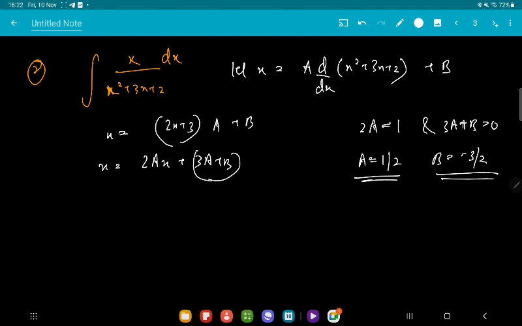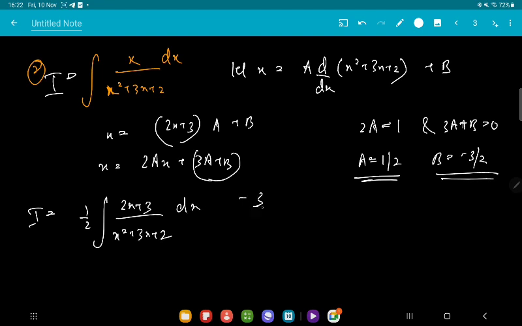So how will you solve it now? This is your I. So I will become 1 by 2 times (2x plus 3) over (x square plus 3x plus 2) dx minus 3 by 2 times dx over the same denominator. This is how it is. So I becomes 1 by 2 I1 minus 3 by 2 I2.